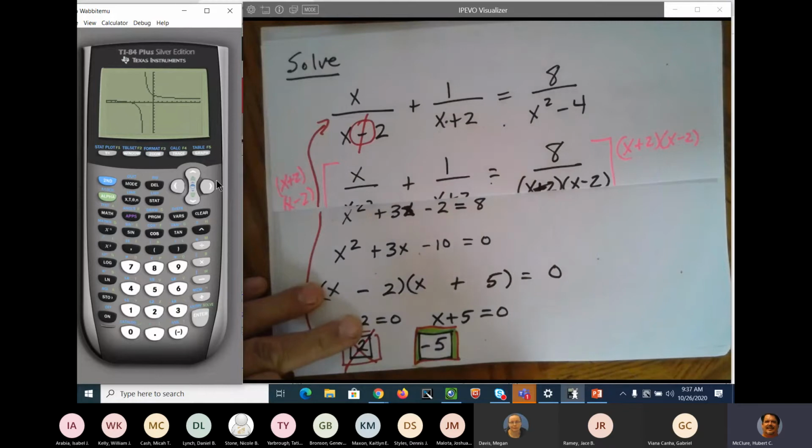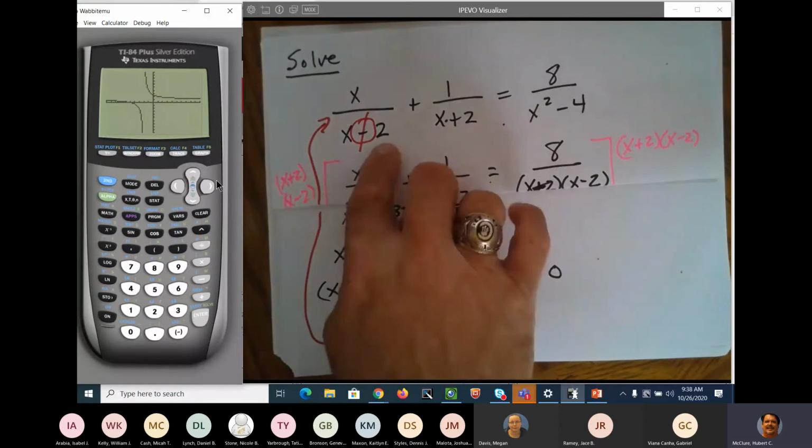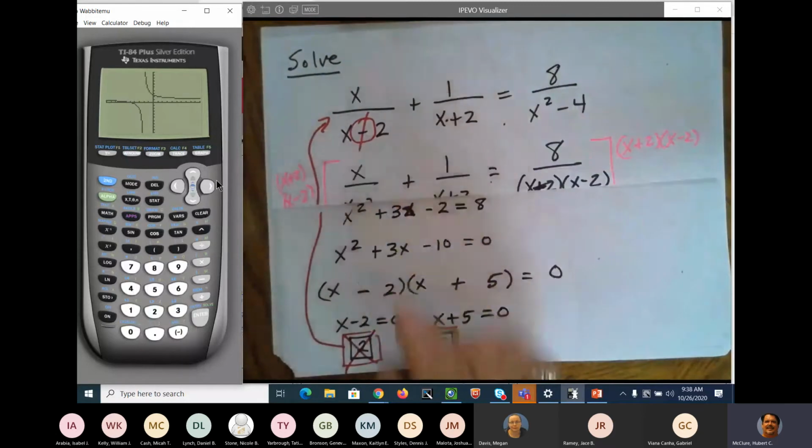So what do you do when you get a solution to a rational equation? What is a good practice to get into? When you get 2 answers or 3 answers or 1 answer for a rational equation, what should you always do?